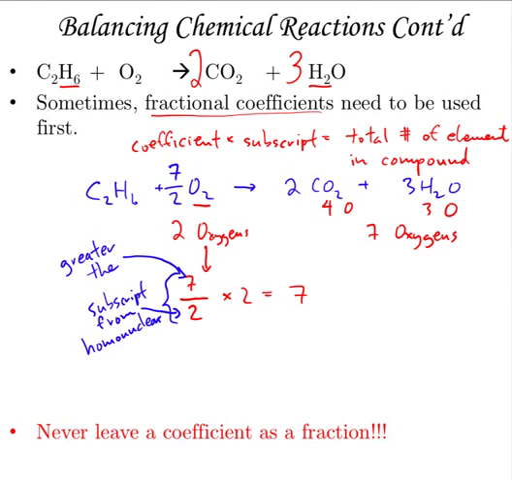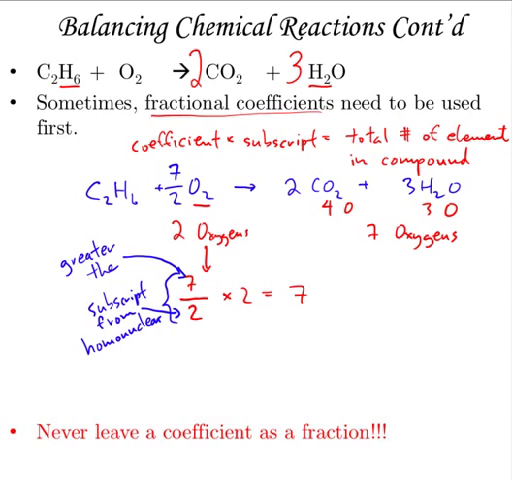Now remember a few sessions back we talked about Dalton's atomic theory. And part of his theory was that elements combine in small whole number ratios to form compounds. What that means is the following. We never want to leave a chemical equation in a fractional form.